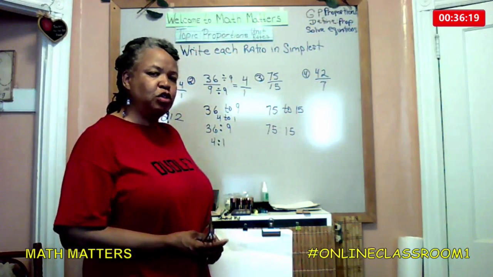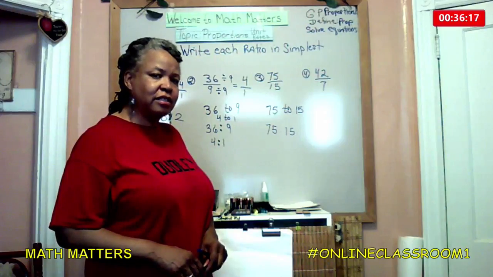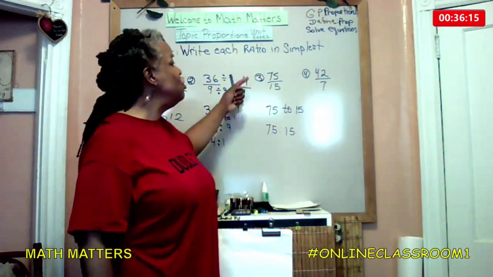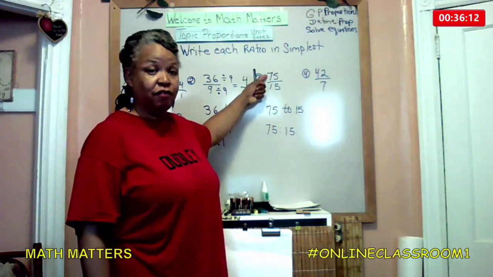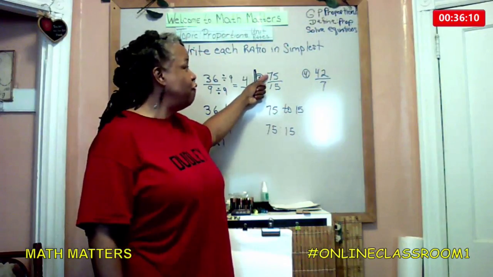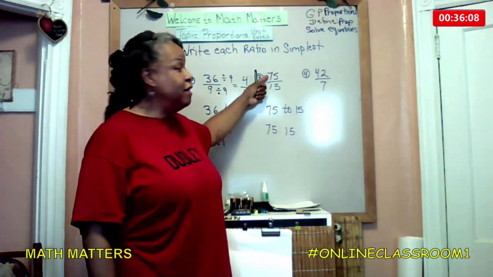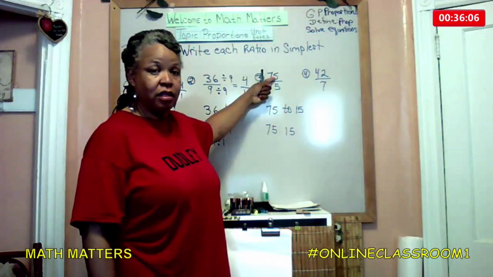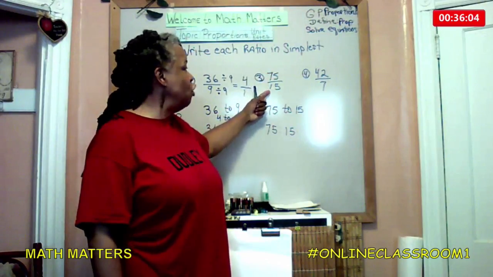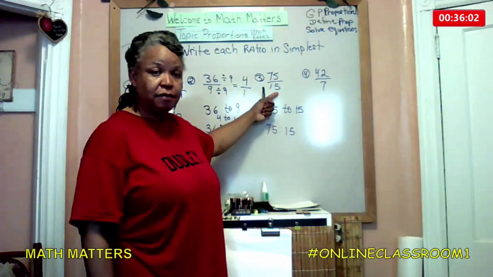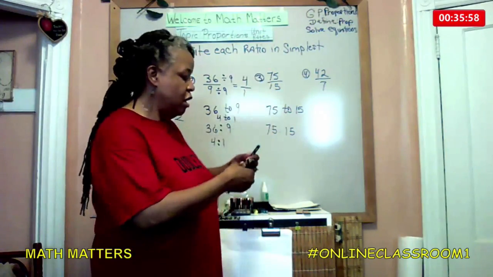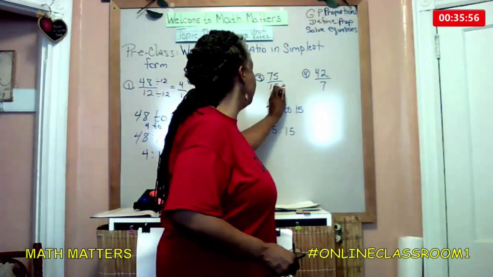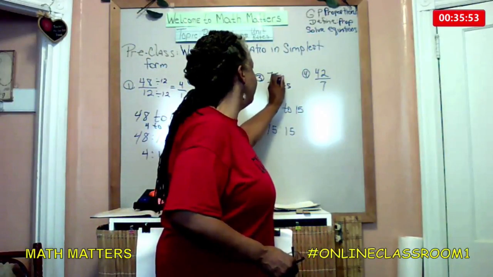Let's take it a few steps, just in case you may not see it. I know that 5 goes into 75, because 5 divides any number that ends in 5. Okay? I know that 5 goes into 15. I have 5 in the denominator and 5 in the numerator.